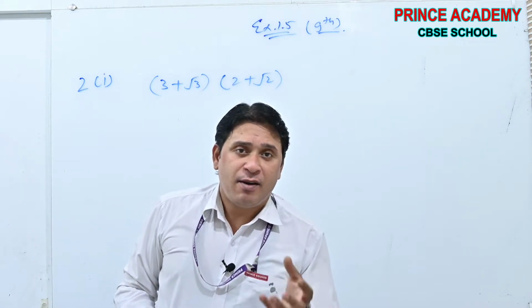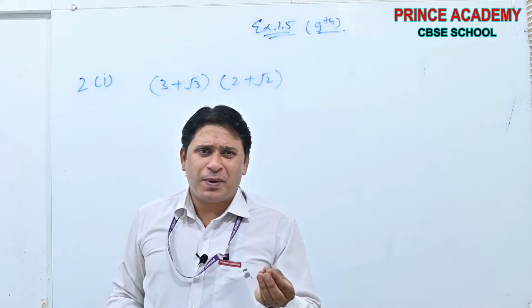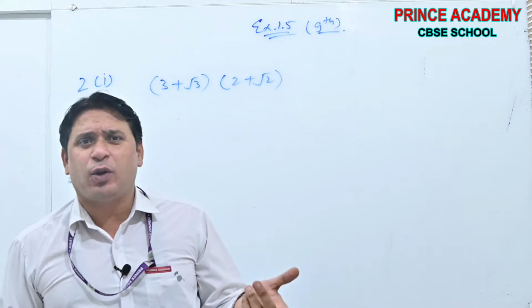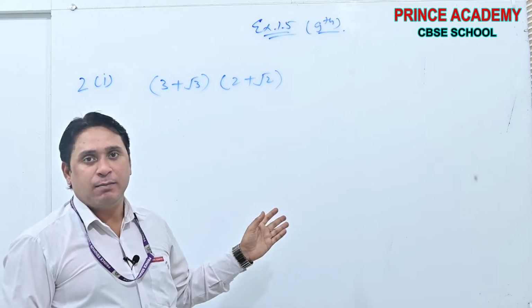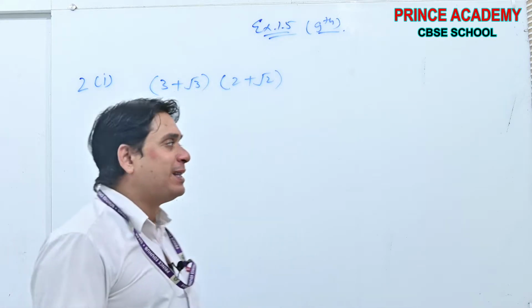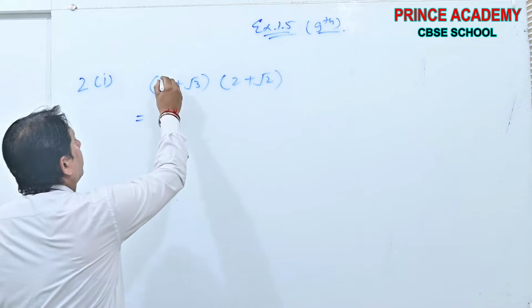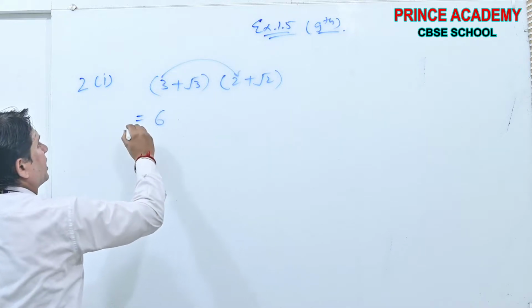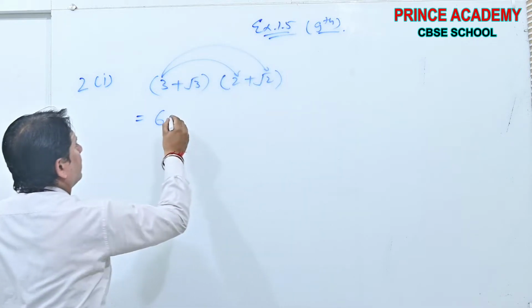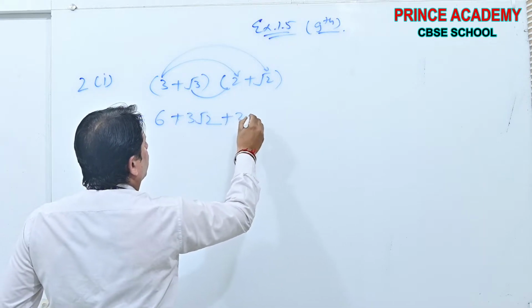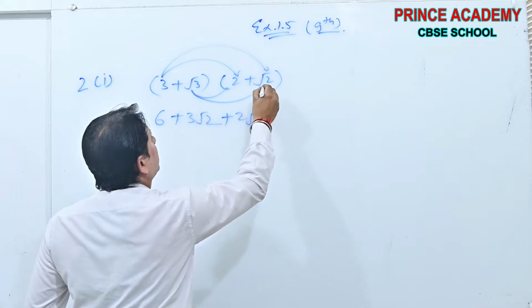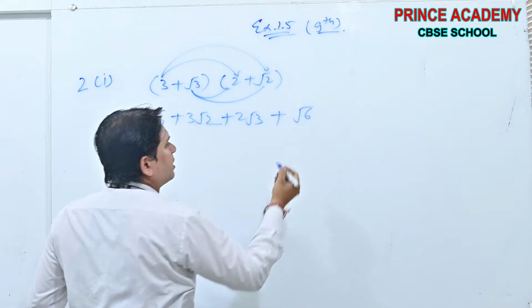From the very beginning, you can say 5th or 6th class, you have learned this property. Multiplication by distributive law. See beta, what is the distributive law? This into this, 6. 3 into this, 3 root 2. This into this, 2 root 3. And this into this, root 6.